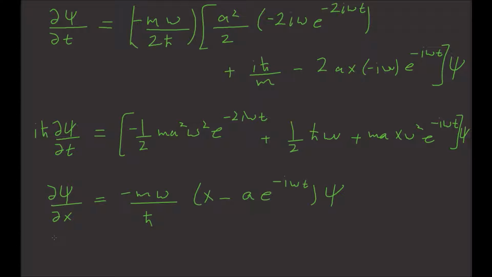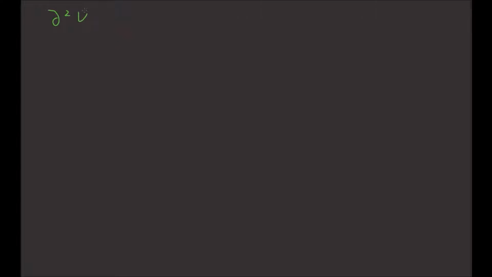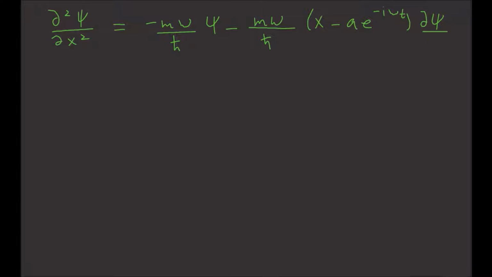So now let's take another derivative, so of x. So now the second partial derivative of psi with respect to x is equal to minus m omega divided by h bar times psi minus m omega divided by h bar times x minus a times e to the minus omega t, and this is the partial derivative with respect to x.